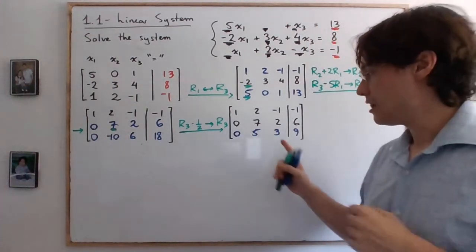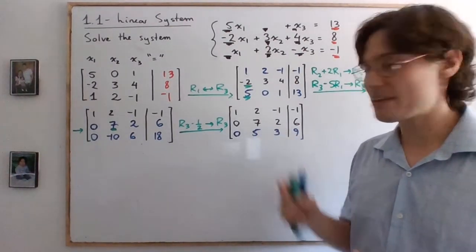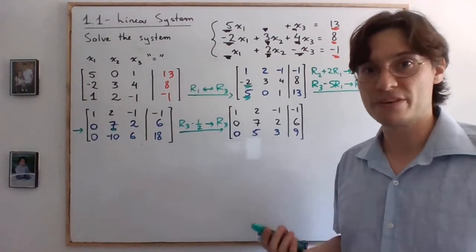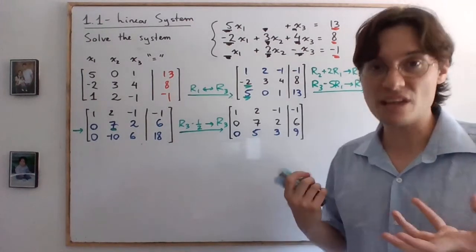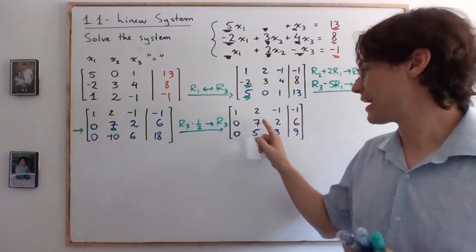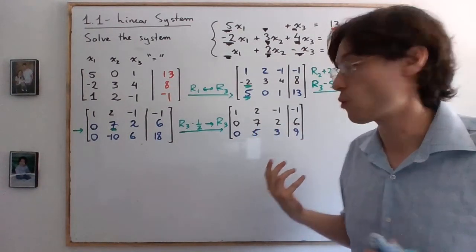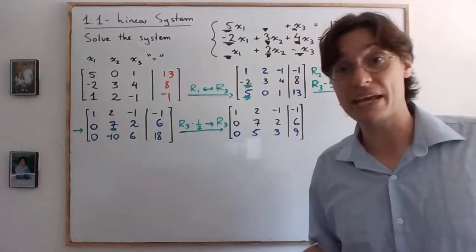Now we're not in a good position, because 7 and 5 are prime numbers, and we cannot get a 1 by adding or subtracting some multiple of a row to another one, or at least it would be very complicated.